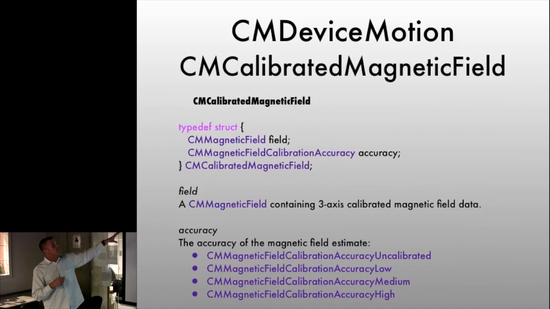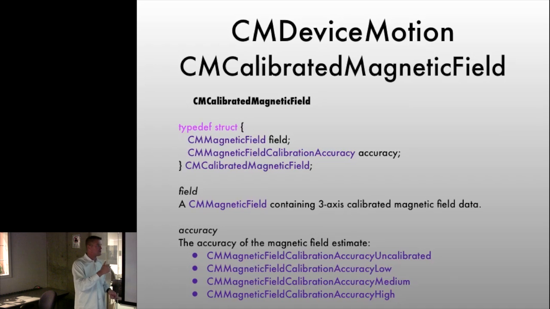The device motion also has the calibrated magnetic field. If you've used the compass on the iPhone 4s, was it iOS 4 or only iPhone 4s? iPhone 4s on up. You'll see certain times where it needs to be recalibrated, where you have to move it in the figure 8.